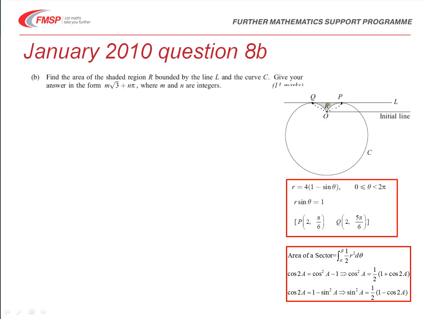So if we're going to obtain the area that is shaded, what we can do is find the area of this triangle OPQ, and then we can use integration to find the area enclosed between O and P and the curve coming back round. Obviously we've got two of those by symmetry, and if we subtract those two from the area of the triangle OPQ, that will leave us with the shaded region R.